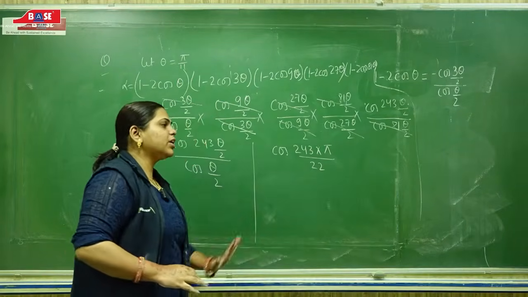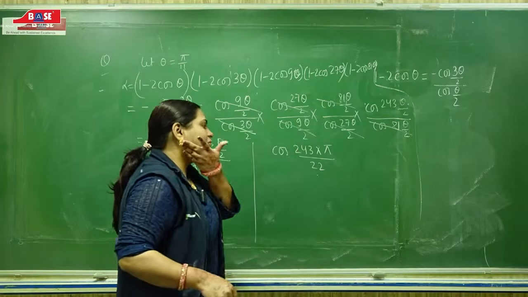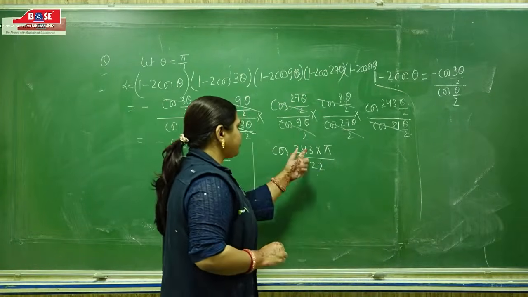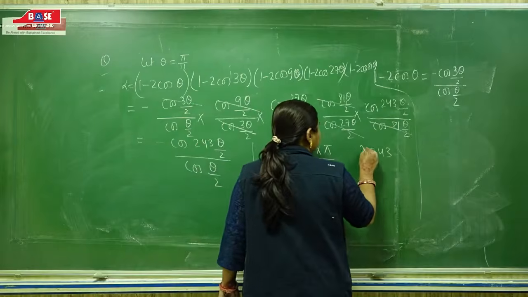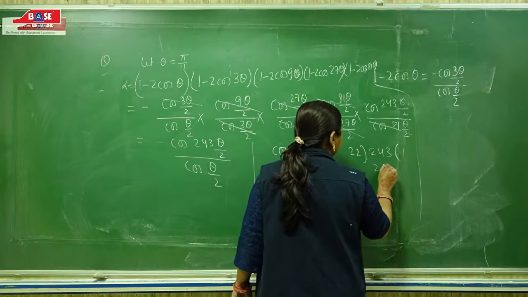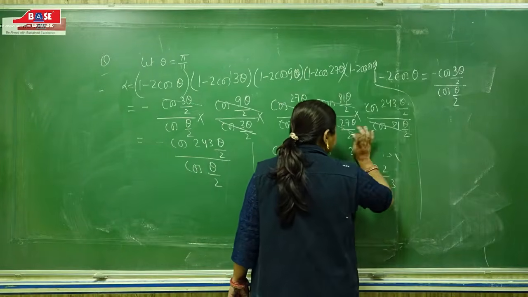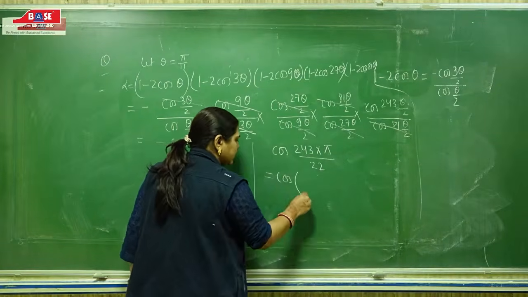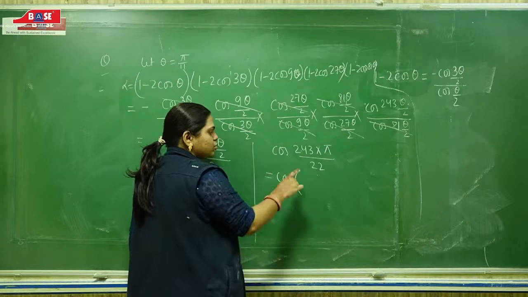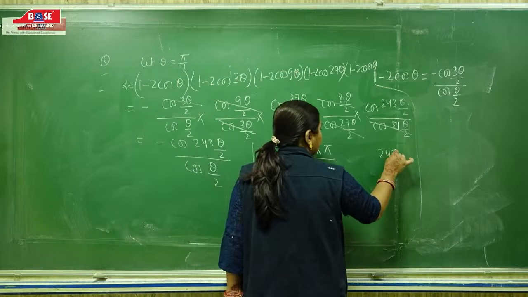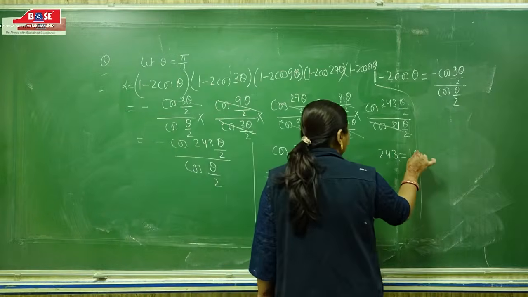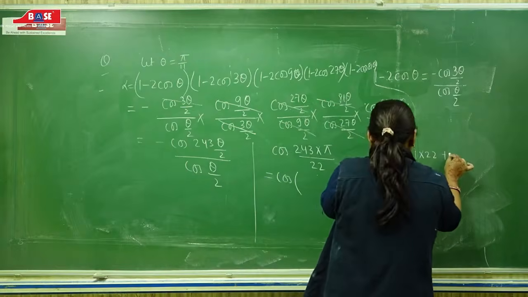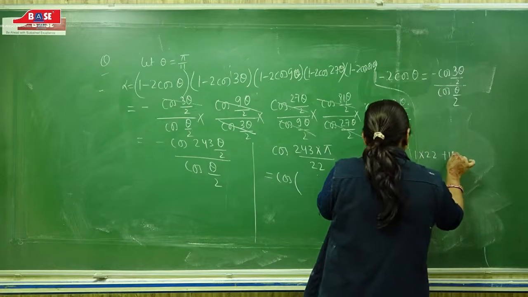Now how should I do that? Please divide it by that. If I divide 243 by 22, I get 11. So this 243 I can write as 11 into 22 plus 1 only.